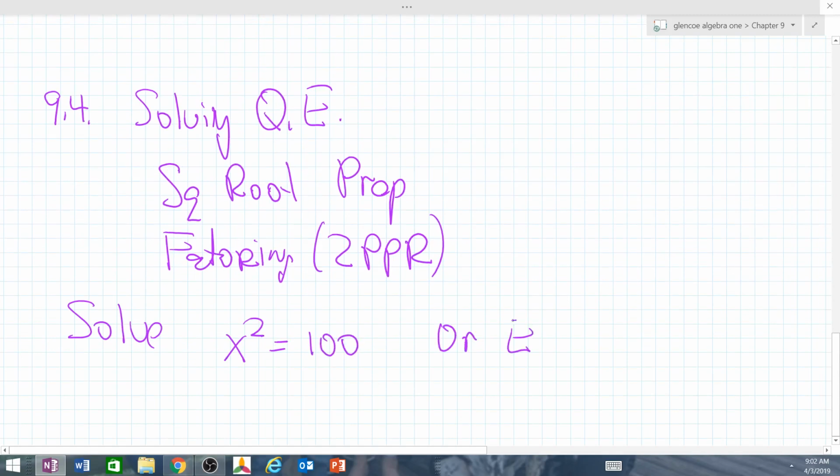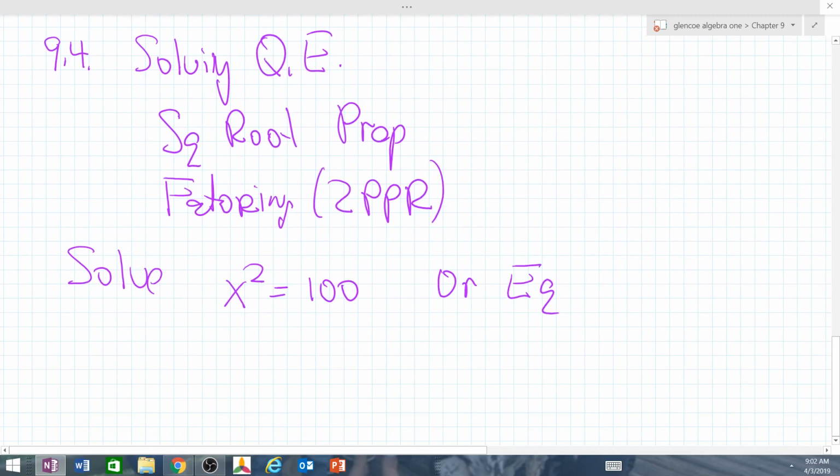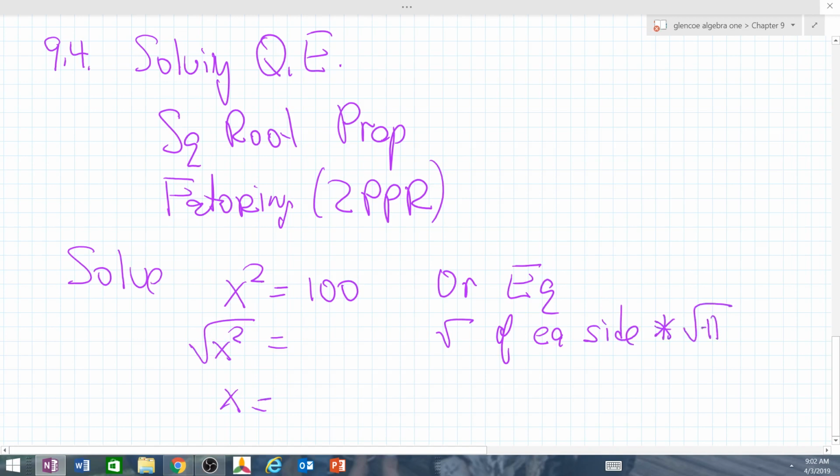That is my original equation. To undo something that is squared, we take the square root of each side. When I take the square root of x squared, I get x. I'm going to give you an asterisk. When you take the square root of a number, you must include the plus and minus. So we're going to take the plus and minus square root of 100, which we all know is plus and minus 10. And our answer can go in set builder notation.